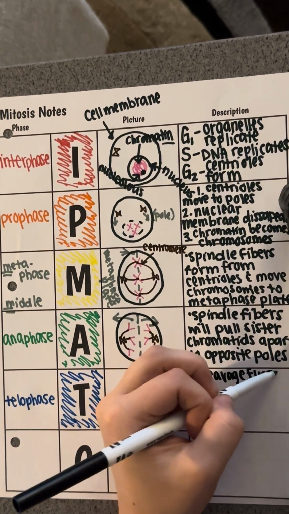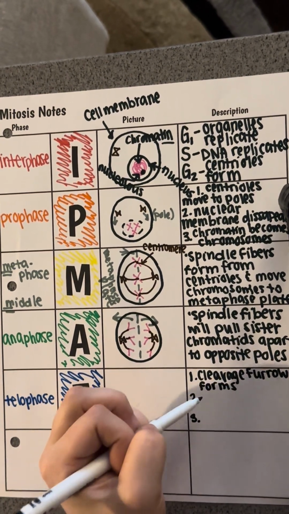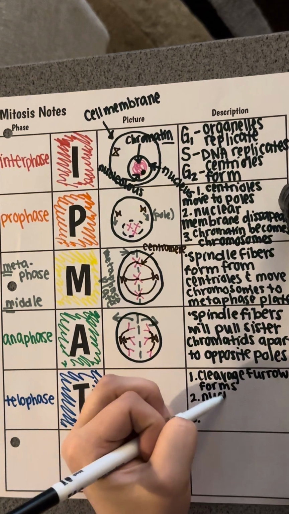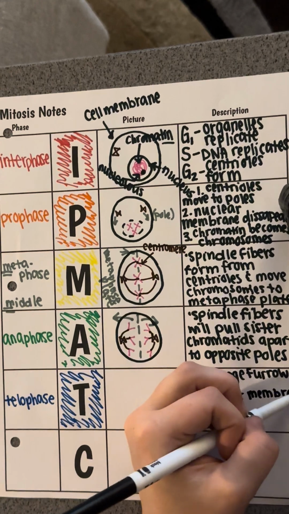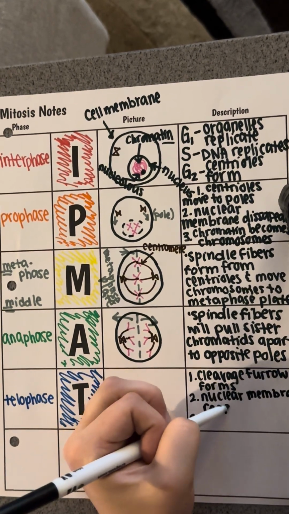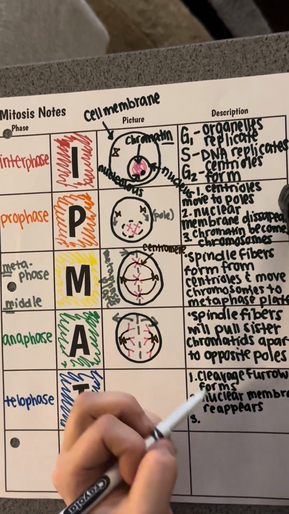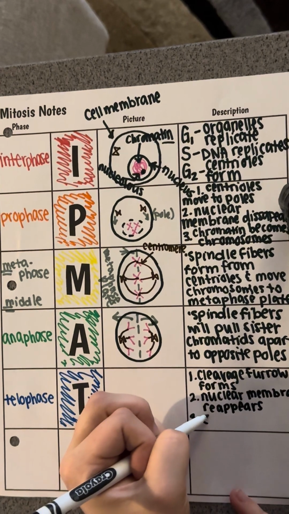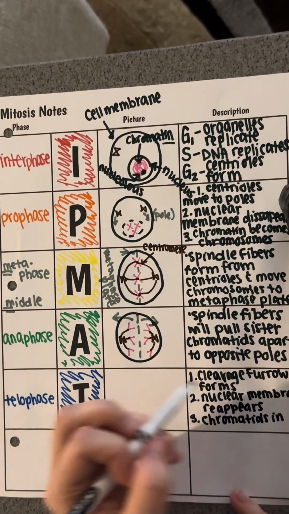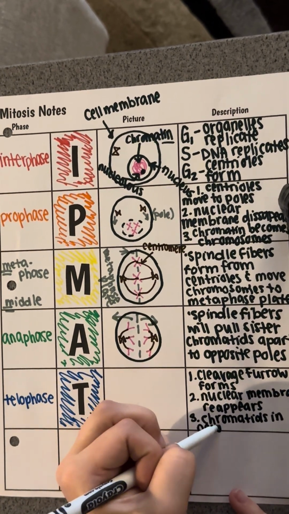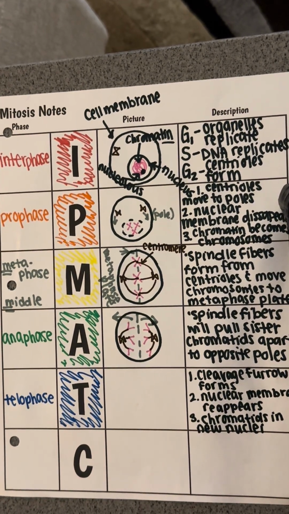Secondly, the nuclear membrane reappears. And third, the chromatids are in your nuclei. Nuclei is just the plural of nucleus.